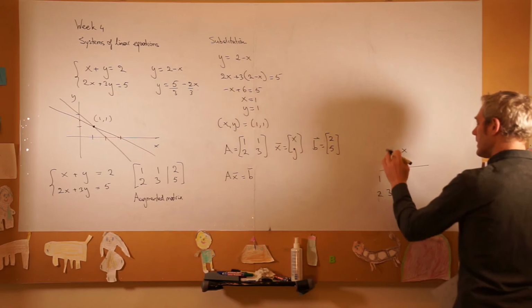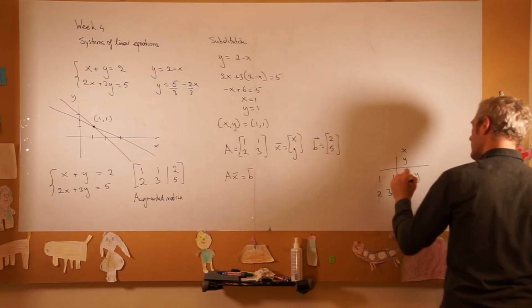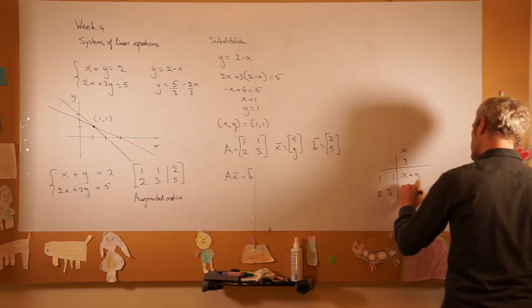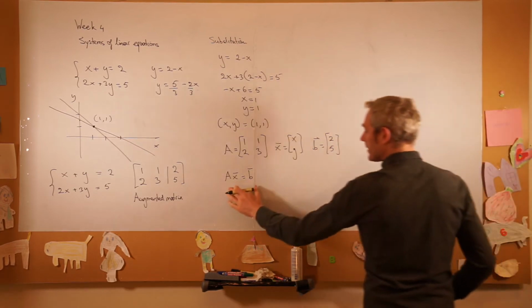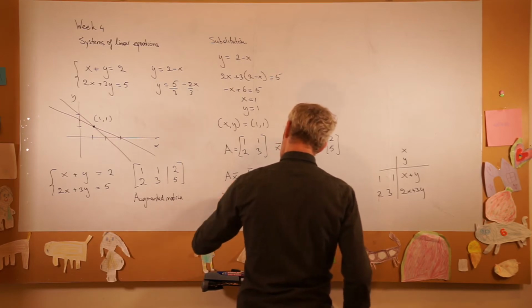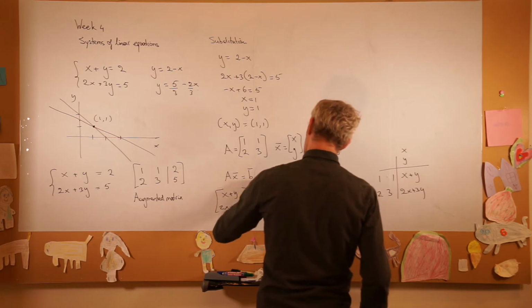I get 1 times x plus 1 times y, so that is x plus y, 2 times x plus 3 times y, 2x plus 3y. So this is the result of Ax, so we get x plus y, 2x plus 3y. This vector is equal to the vector 2, 5.